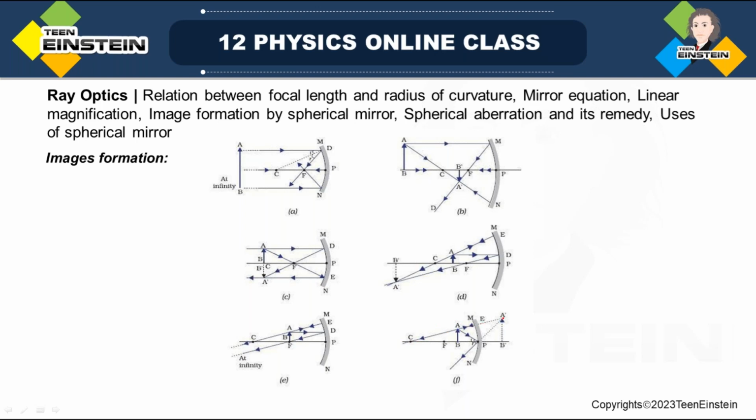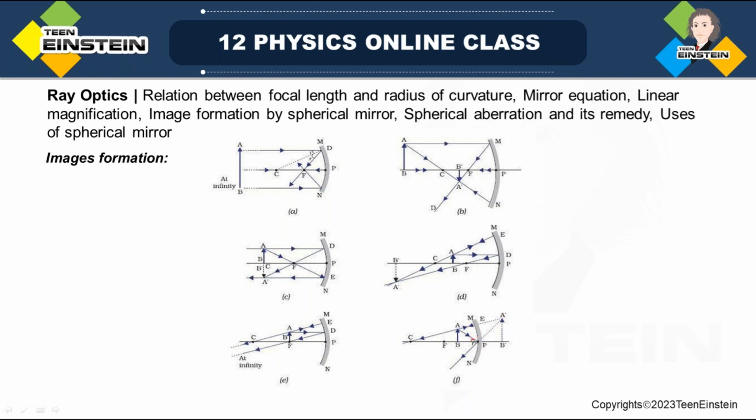Any oblique ray I have to take like this, so that it will reflect like this. So these two rays, they are no way they can meet. They are actually diverging. They cannot meet each other. The MC and PN, these two rays. If we retrace them, they will meet at this particular point A prime.